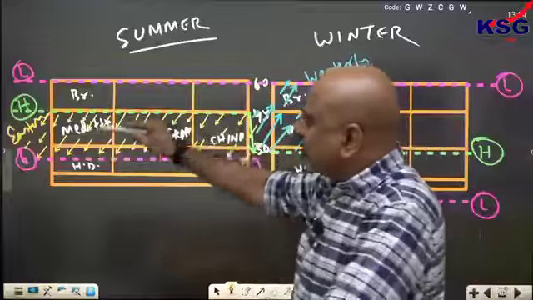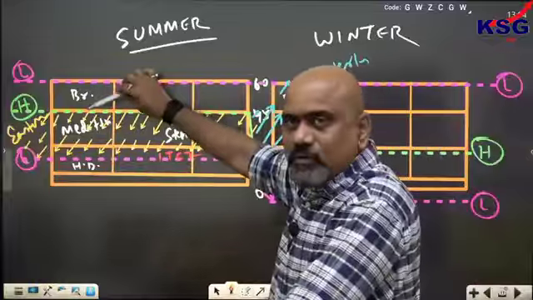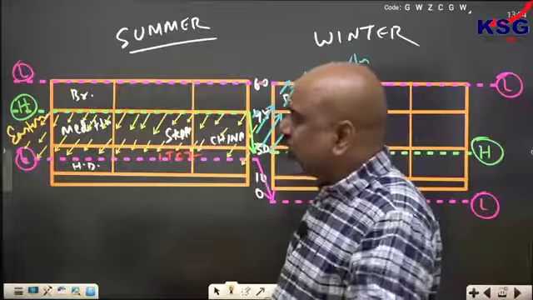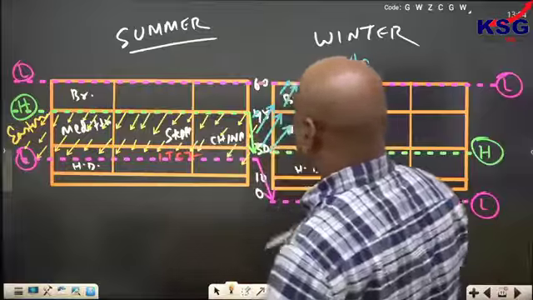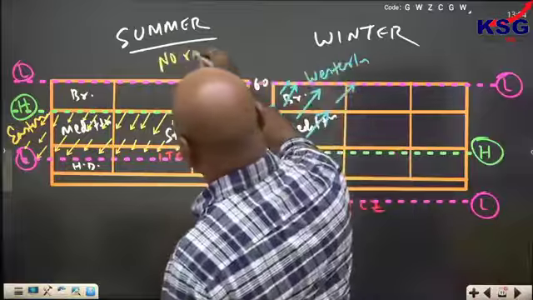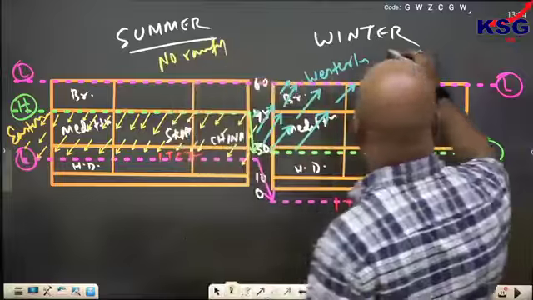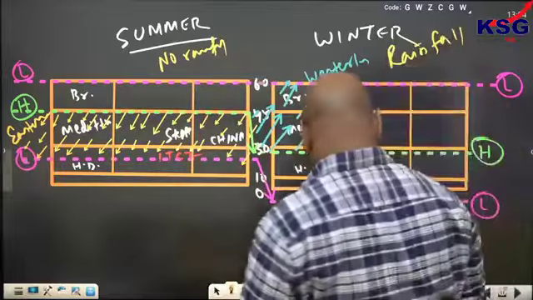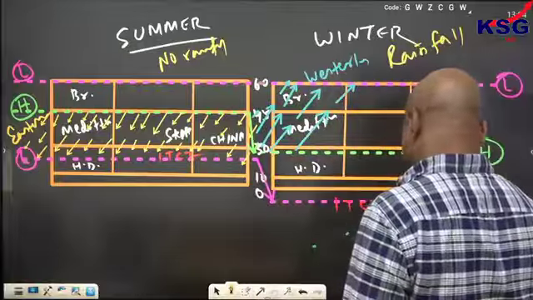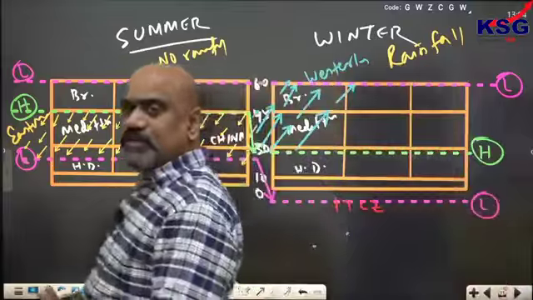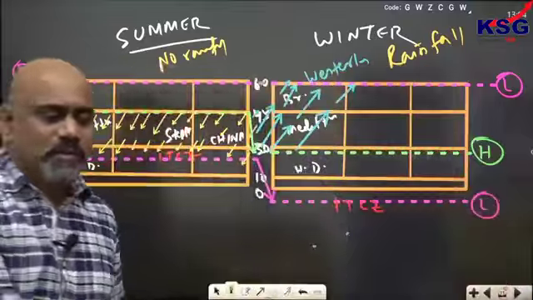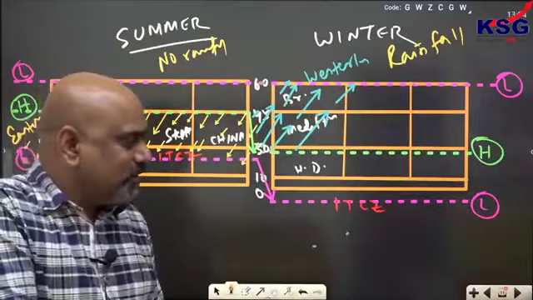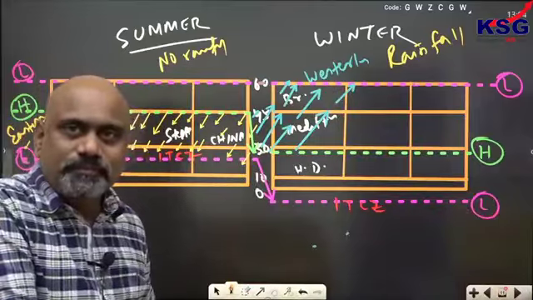See, in the summer season it will blow from the high latitude towards the equator. This is what it is saying. So summer no rainfall, winter rainfall. So summer no rainfall and winter rainfall is primarily because of what? It is due to the shifting of the pressure belt. So this is the characteristics of the Mediterranean climate. I hope you got it.